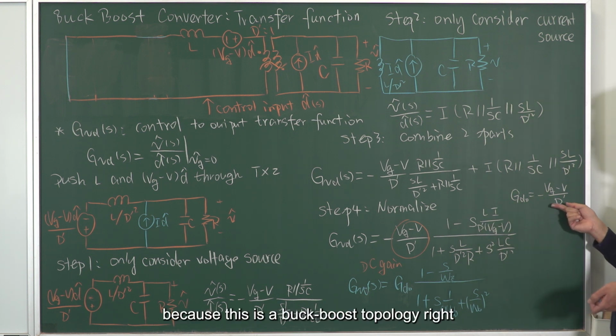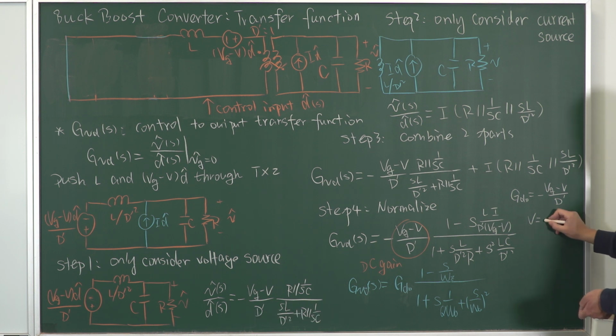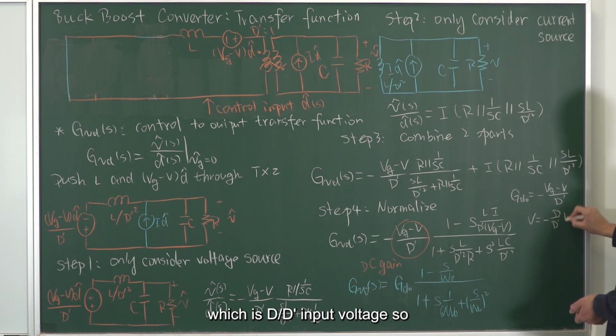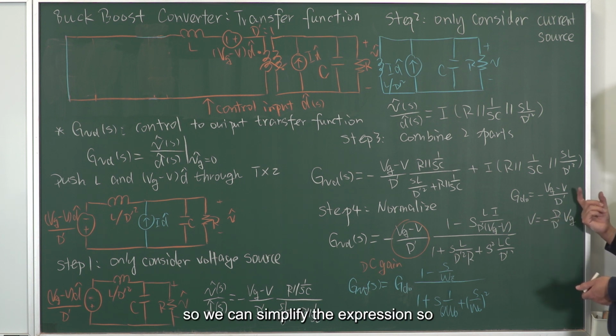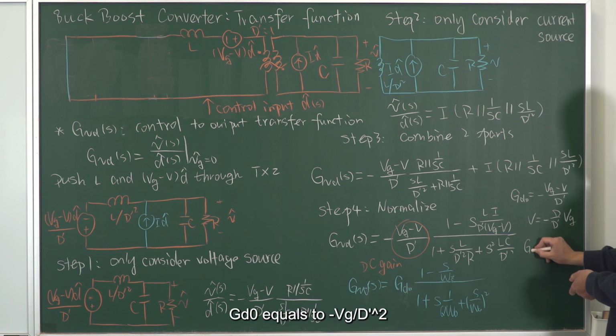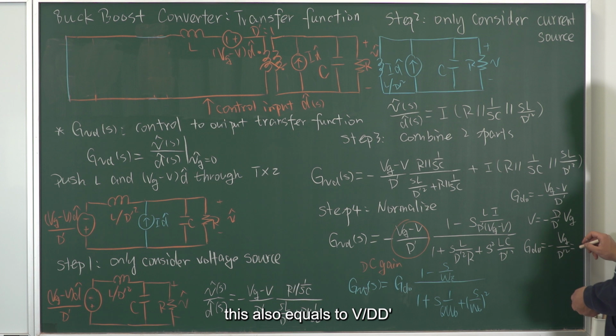Because this is a buck-boost topology, we know that its output voltage DC value equals minus the voltage gain, which is D over D prime, times the input voltage. So we insert V here, and we can simplify the expression. So GD0 equals minus Vg over D prime square. Or we can remove Vg and only keep V here. So this is also equal to V over D times D prime.